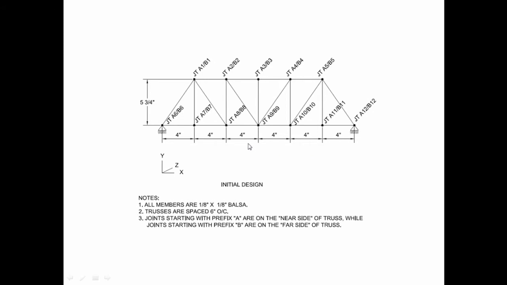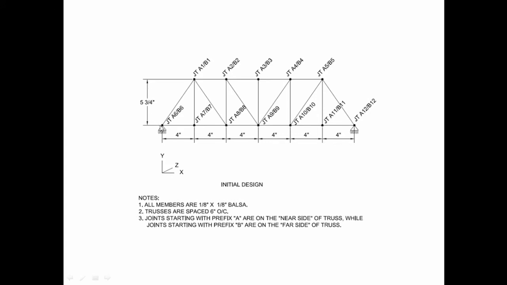The height of the bridge is going to be 5 3/4 inches, which is approximately equal to about 146 millimeters. This dimension is from the center to the center of my joints in my bridge. You have to remember that our balsa wood sticks actually have a physical dimension to them. They're 1/8 by 1/8 inch or 3 millimeters by 3 millimeters.